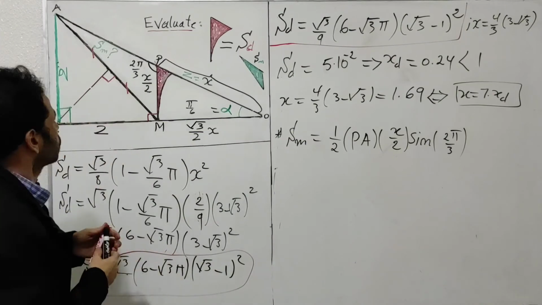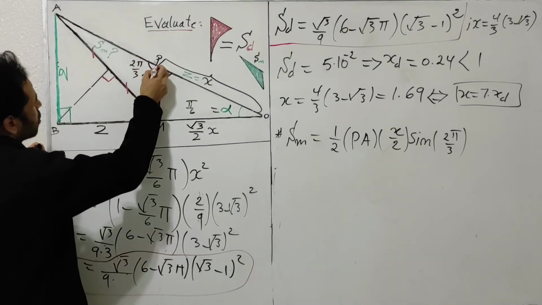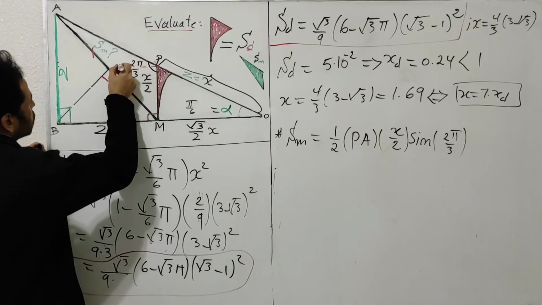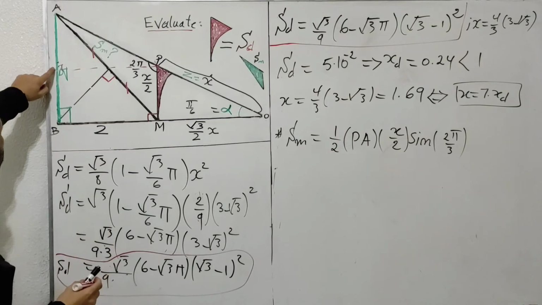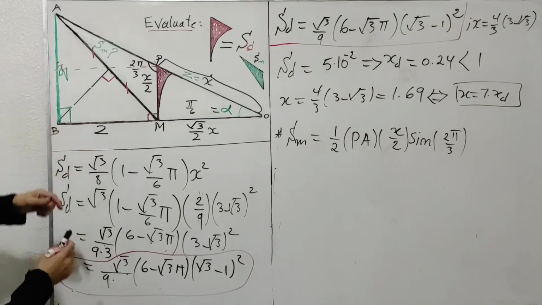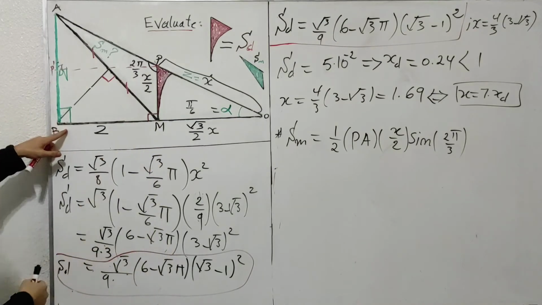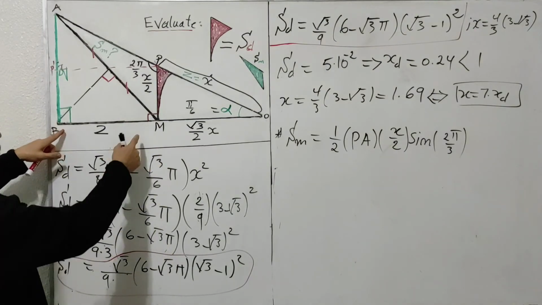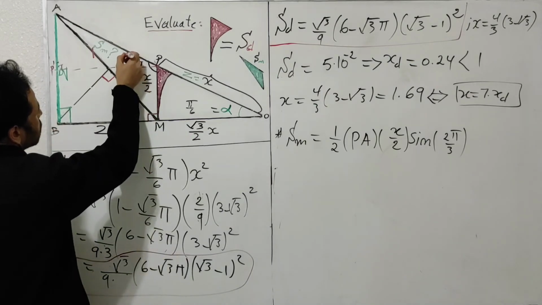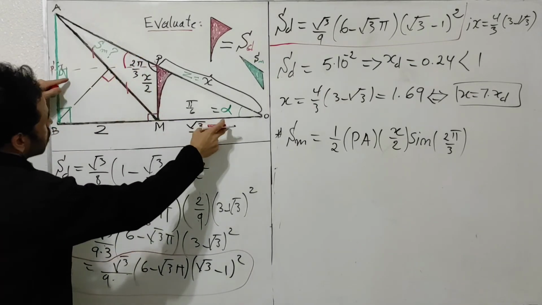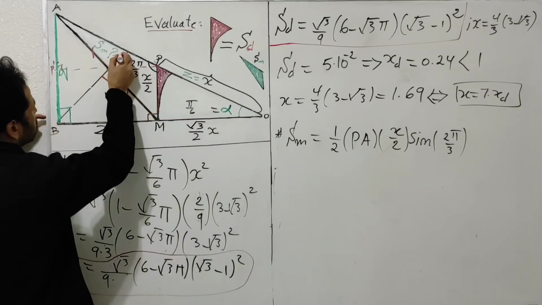Now we need to calculate PA. I'm going to draw this parallel line by doing the extension. It's giving me the right triangle here. So this distance equals this distance, because we have a rectangle in this case. That means the side length of this one equals 2. On the other hand, because we have 2 parallel lines, this angle equals pi over 6.